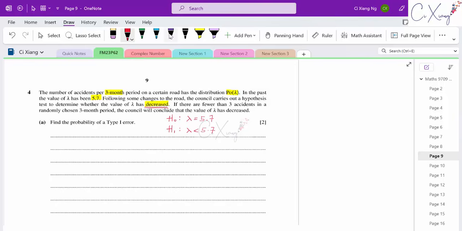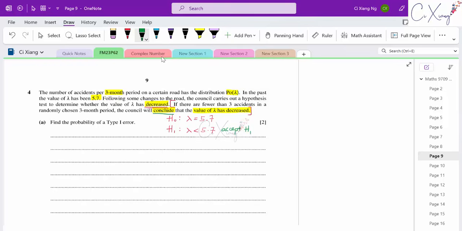Okay, and if you look at this particular sentence here, if there are fewer than 3 accidents in a randomly chosen 3-month period, the council will conclude that the value of lambda has decreased. If we conclude that the value of lambda has decreased, it means that we accept the alternative hypothesis, right?